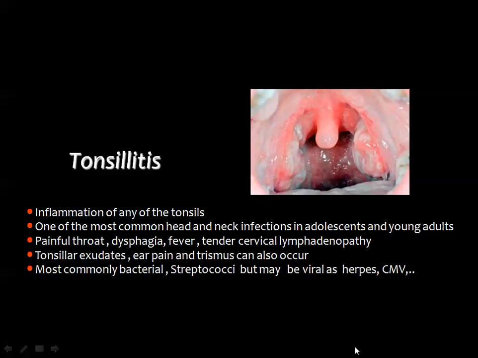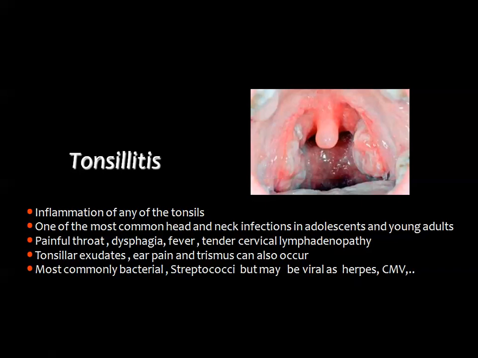Then we come to tonsillitis, which is the major inflammatory source of infection in children and young adults. The patients will present with painful throat, dysphagia, fever, and many times with tender cervical lymphadenopathy.